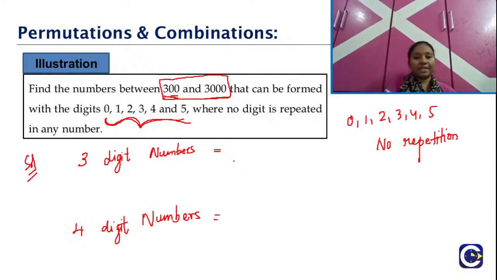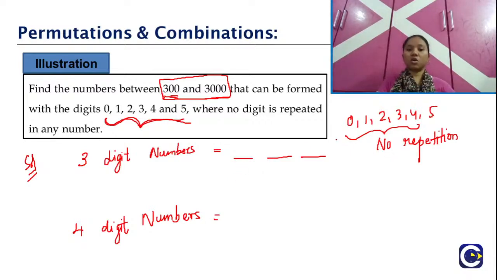So first will be 3-digit numbers here. Amongst these digits, what are the digits that can take place in the hundreds place? Will it be possible to take 0? No. 1? No, because they are asking in between 300. So this number will be starting with 3. Right, so the hundreds place can have the digits either 3, 4 and 5, which means how many chances are we having here? 3.